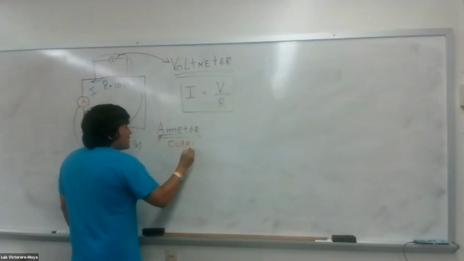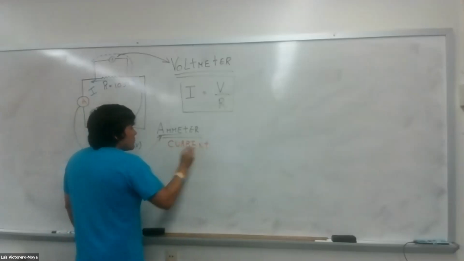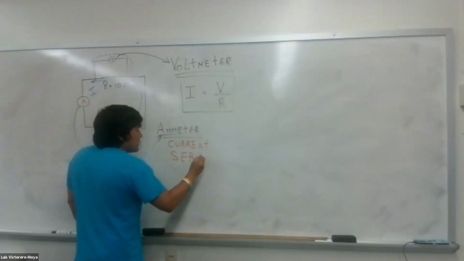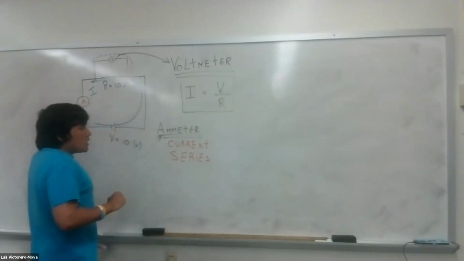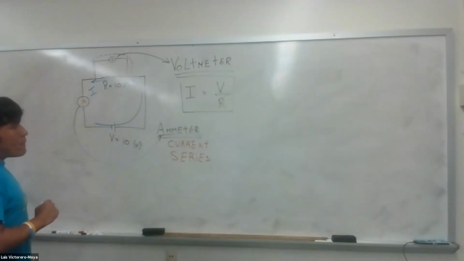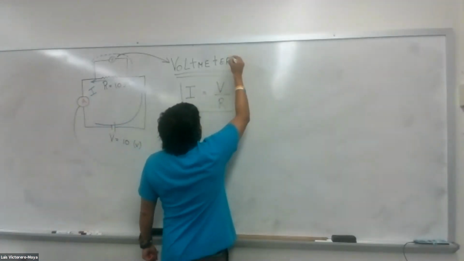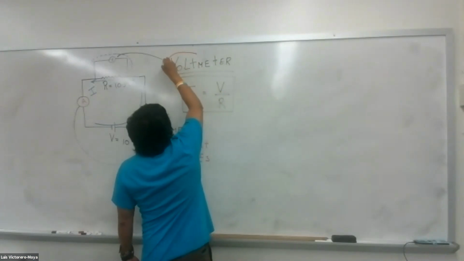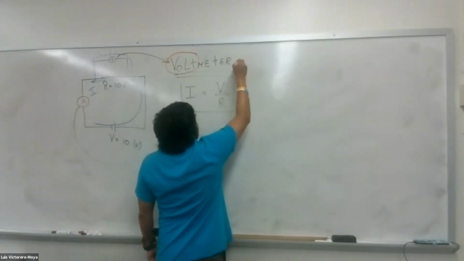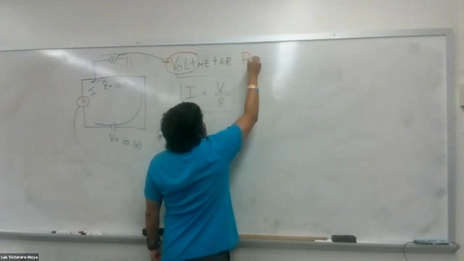And it's always connected in series. So it's important, because if you connect an ammeter in parallel, you will blow up the device, the fuse inside the device. The voltmeter is connected in parallel. And this is used to measure volts, of course, voltage, and it's connected in parallel.